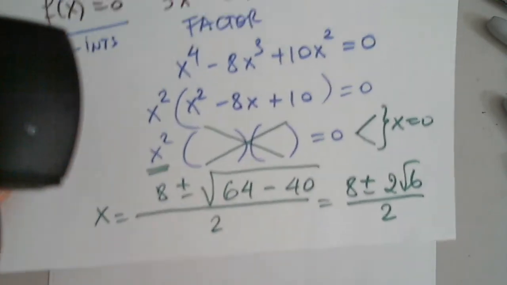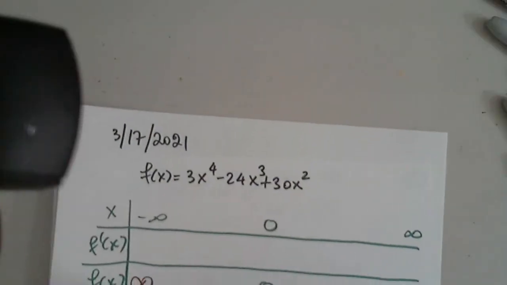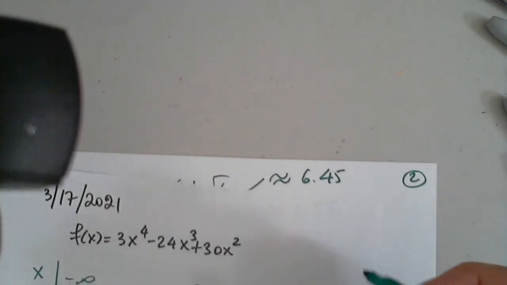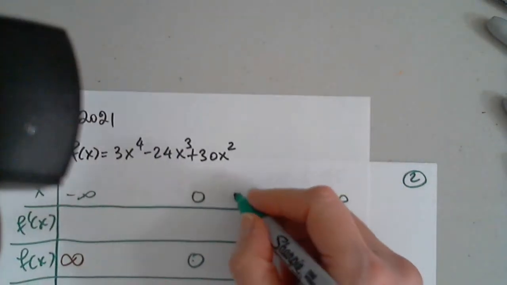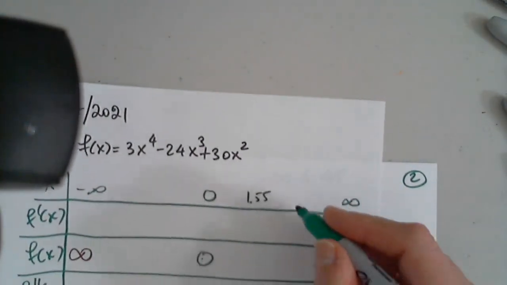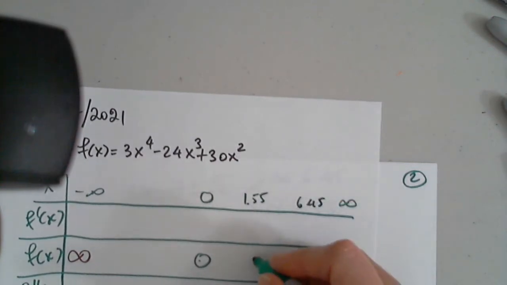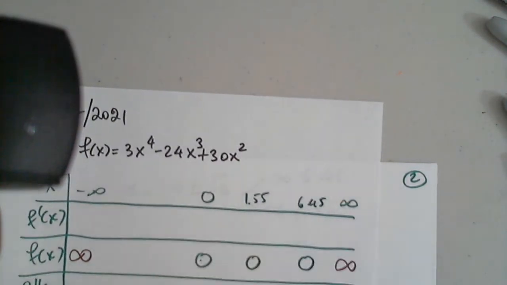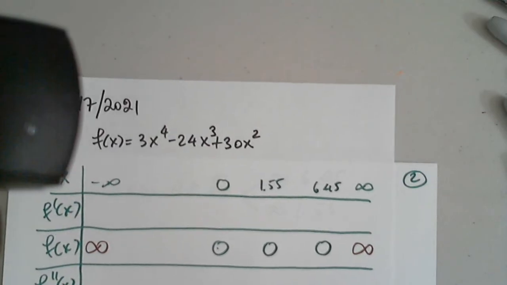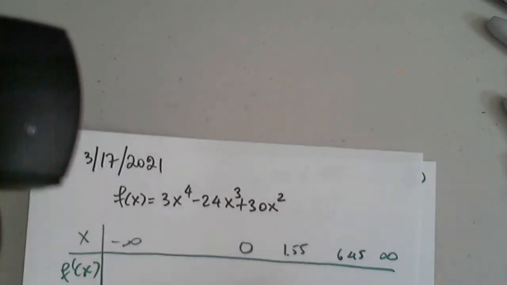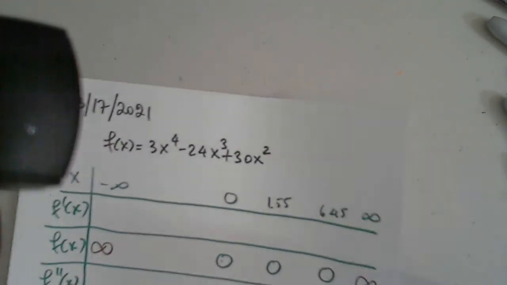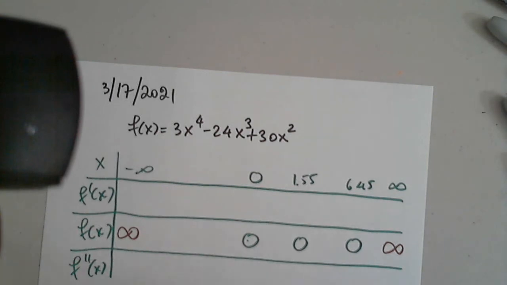So I will put these here as 1.55 and 6.45 and 0 and 0. These are the x-intercepts. That's it. Now we're ready for the first derivative. Can anyone give us the first derivative for this function?